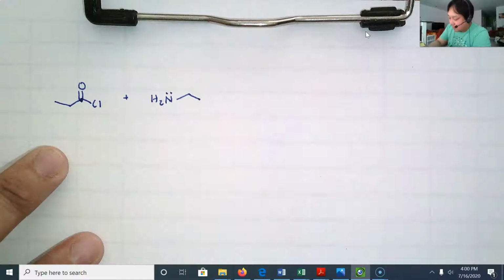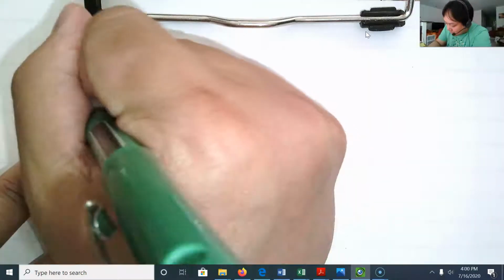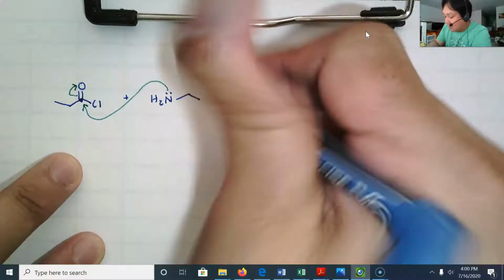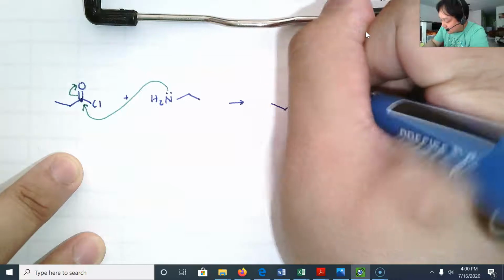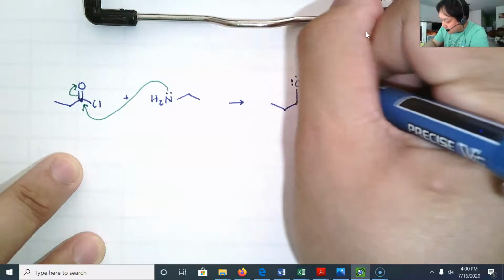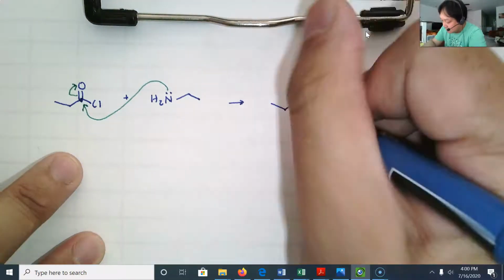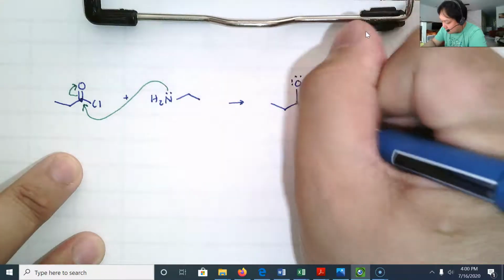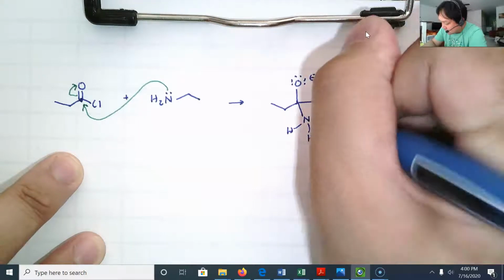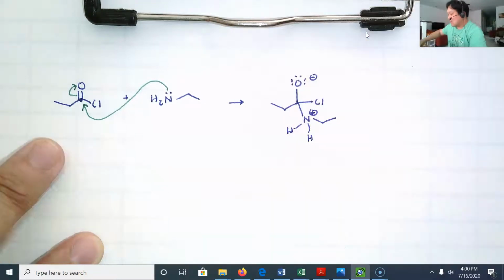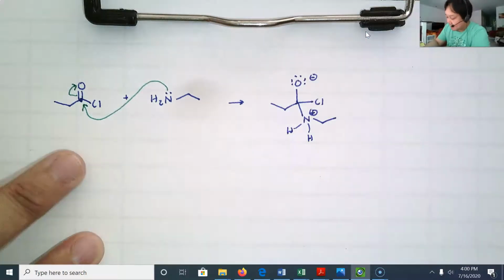Go ahead and attack right away. But we're not going to kick out the chlorine. We're going to form a special intermediate. What is that intermediate? It begins with a T. Tetrahedral intermediate.